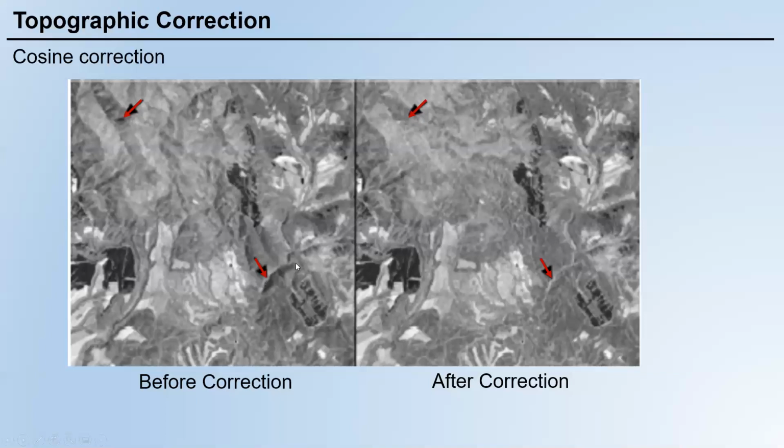Originally, this area is shaded because the sun is right here, but after the correction, this is the result. You should know that this correction can be applied to the whole image, or you can do it for a specific area. It depends on you.